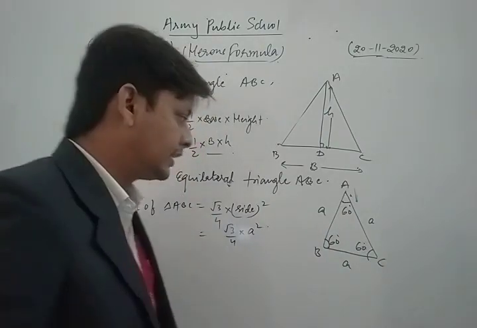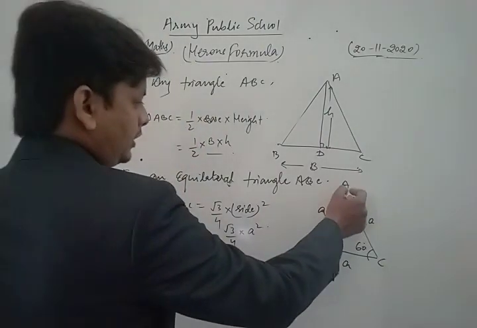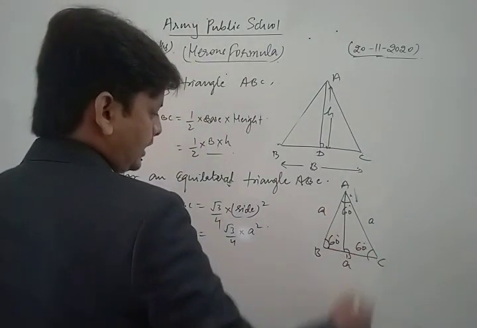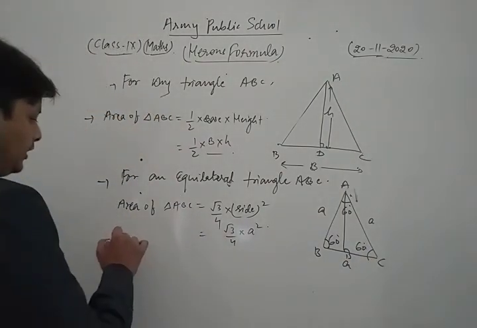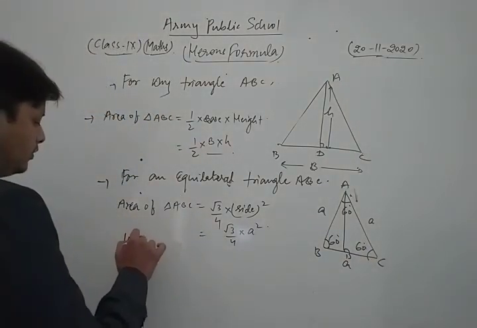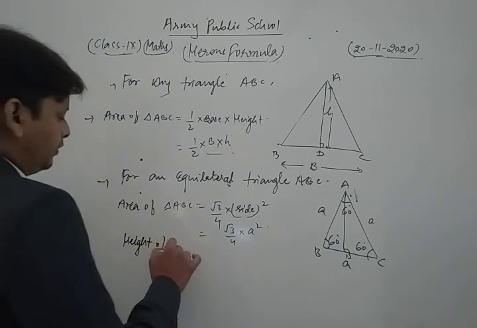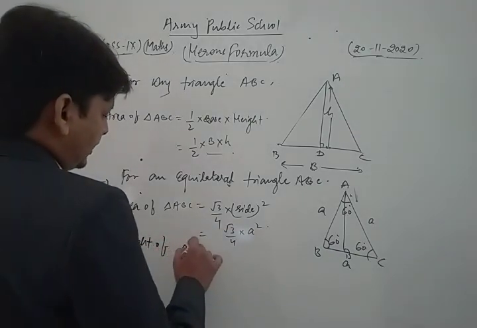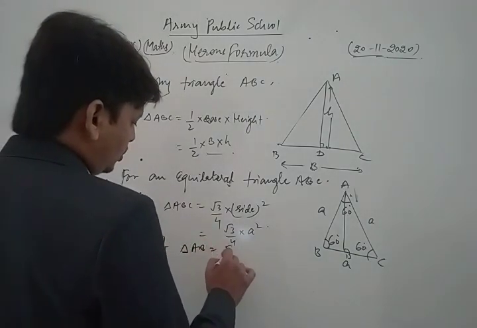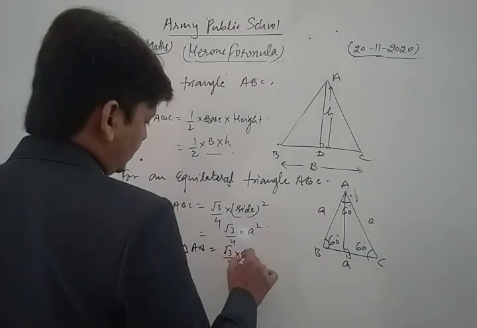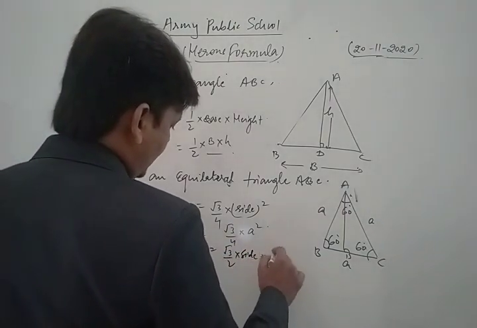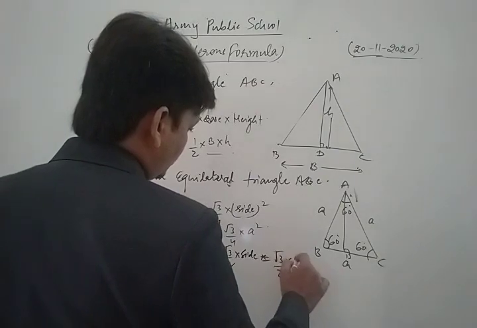And the second important thing is the height. Suppose we draw AD perpendicular to the side BC, the base BC, then the height of an equilateral triangle ABC is equal to root 3 by 2 into side, that means root 3 by 2 into a.